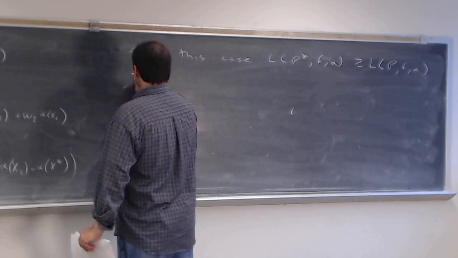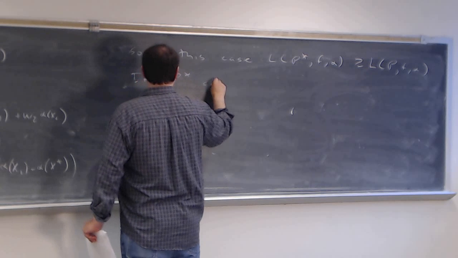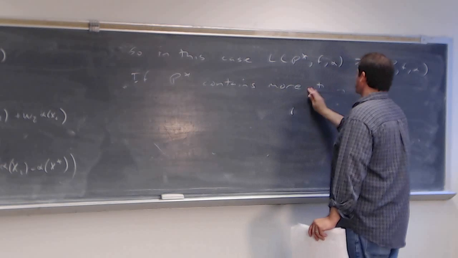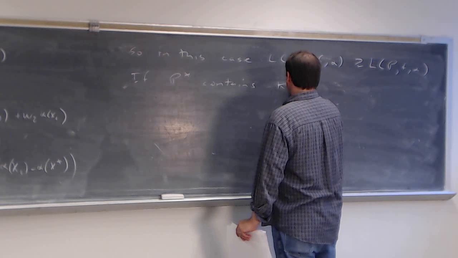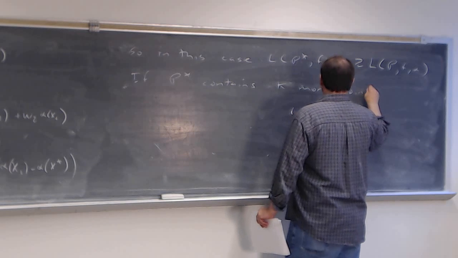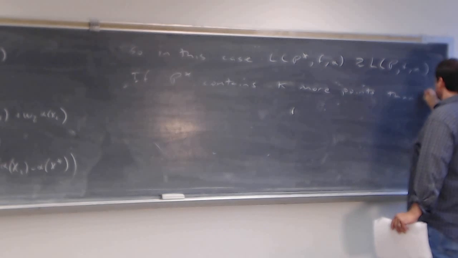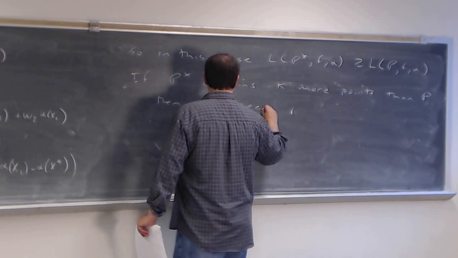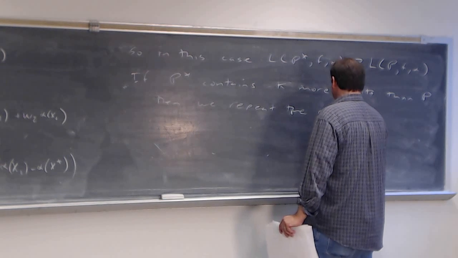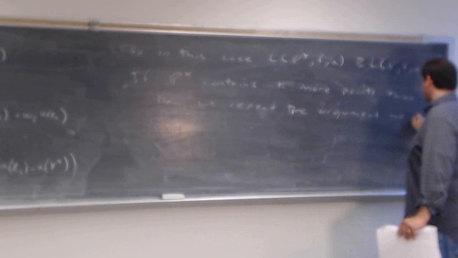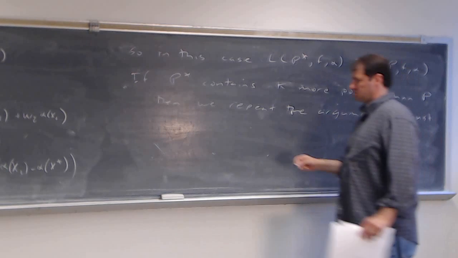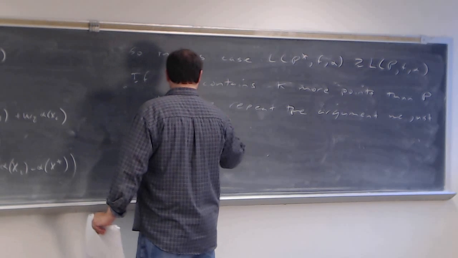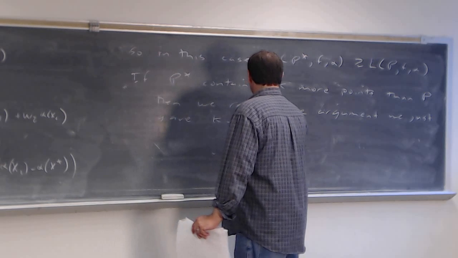If we have the other case where P star contains, let's say, K more points than P, then we repeat the argument we just gave K times to get the same result.